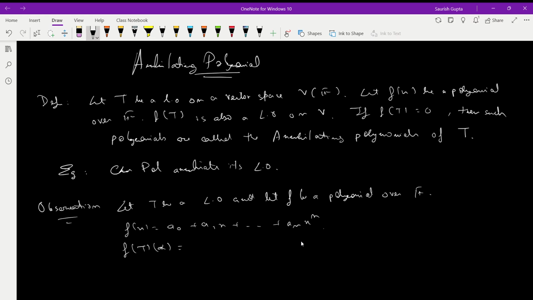Then what is f(T)? Suppose f(x) is of this form: a0 plus a1 x and so on till an x to the power n. Then what is f(T)?